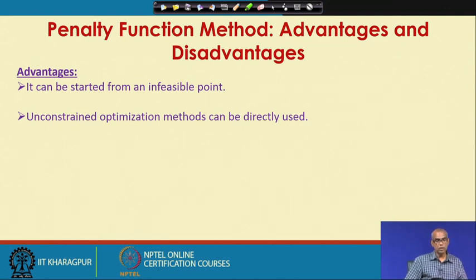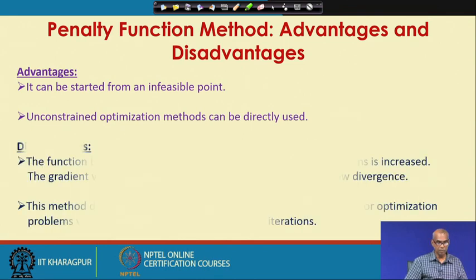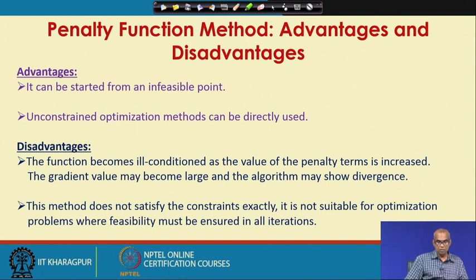So, conceptually the penalty function approach is extremely simple. In terms of implementation, it is also simple, and since the unconstrained optimization techniques can be used, it has an advantage.